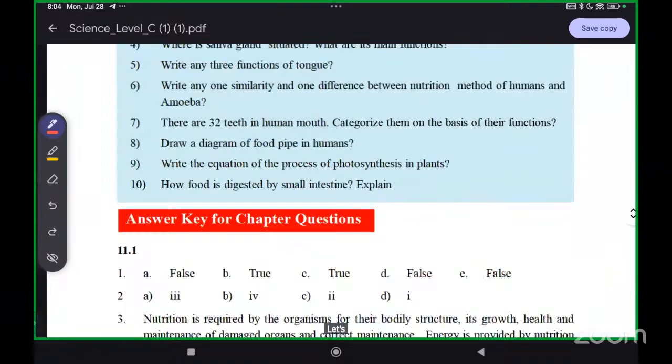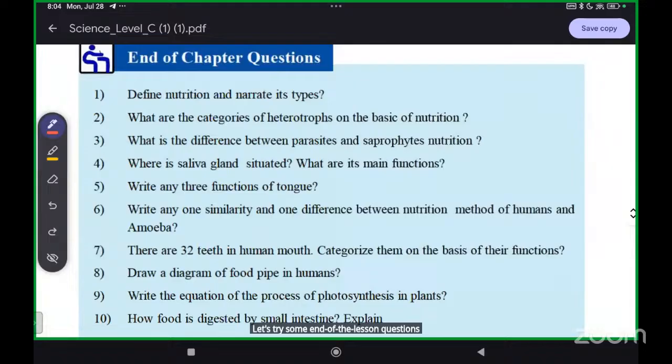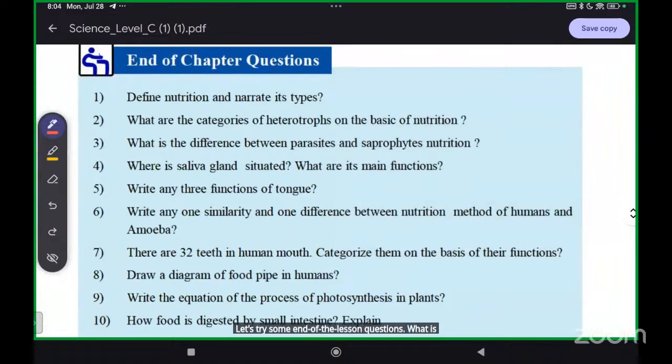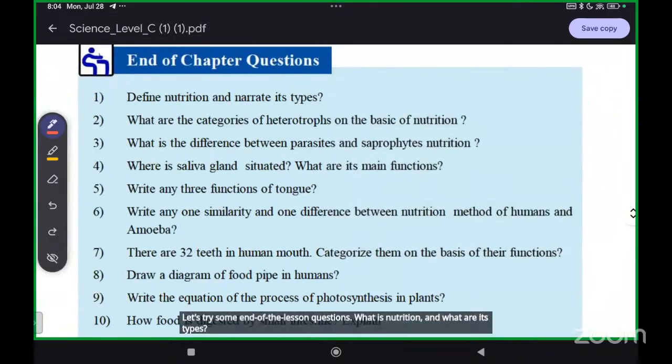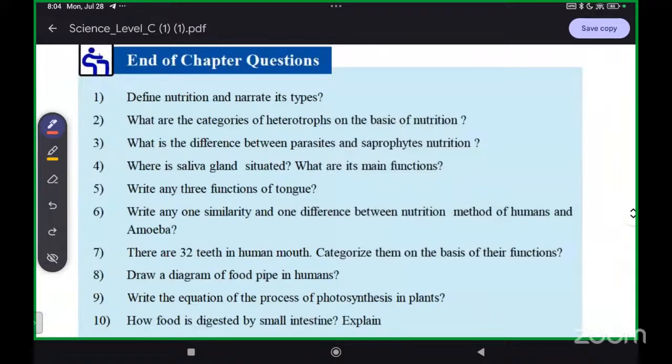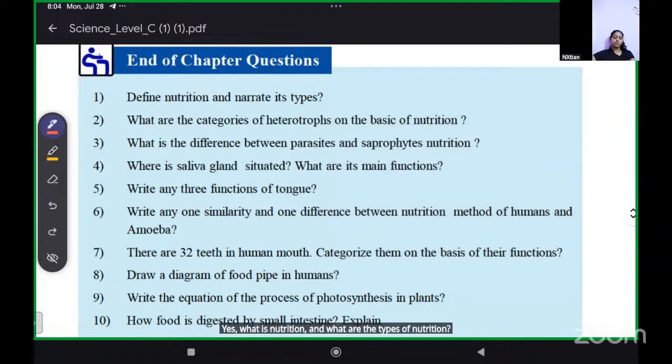let's try some end of the lesson questions. What is nutrition and what are its types? Yes, what is nutrition? And what are the types of nutrition? Anna, what is nutrition?